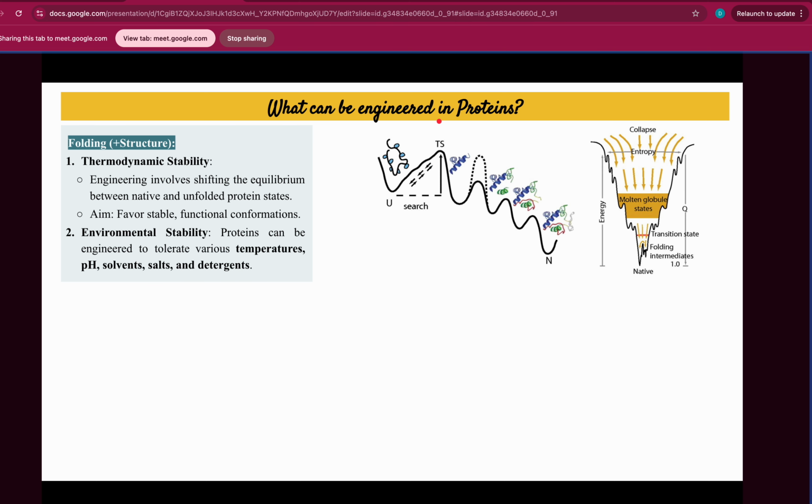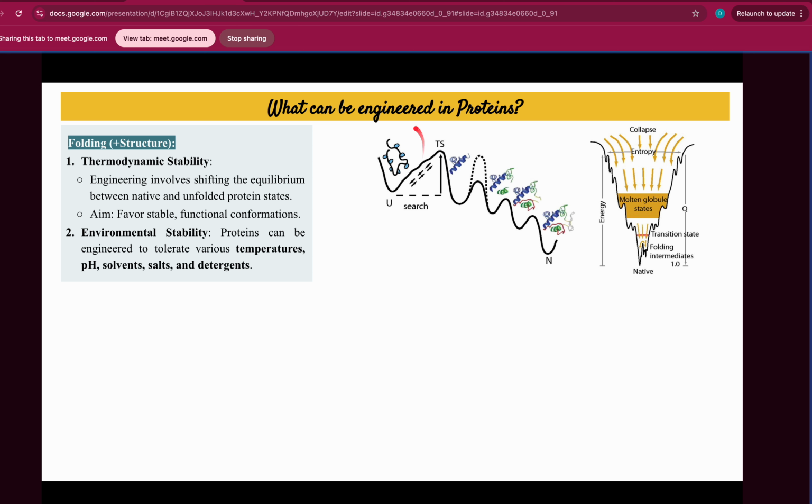Now what can be engineered in proteins, what changes can we bring in the protein? First thing is folding, that is structural change. Thermodynamic stability, for example: we already have a protein and we want to increase its stability, so that can be brought about by engineering. Engineering involves shifting the equilibrium between the native and the folded protein states.